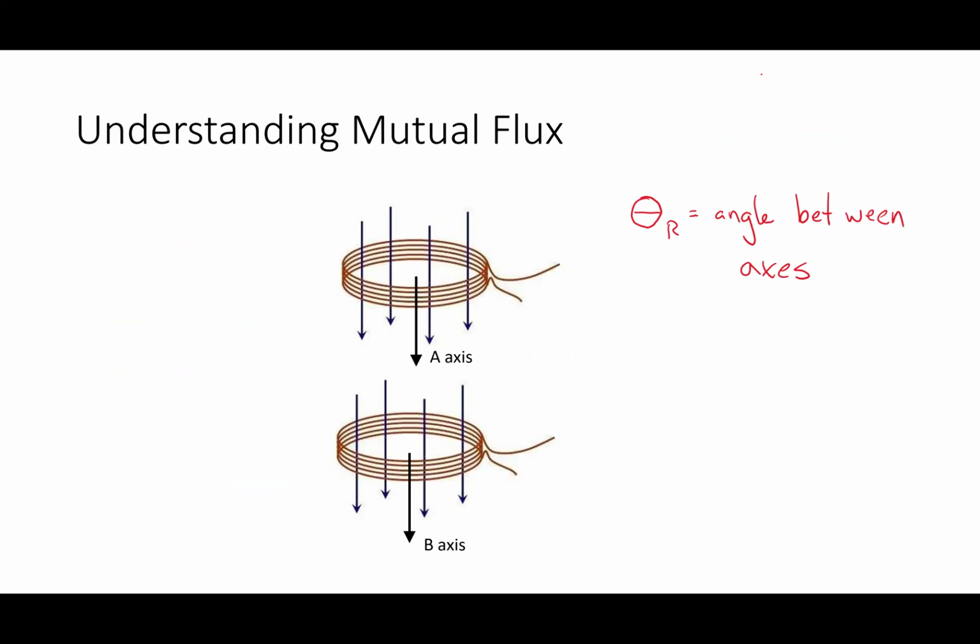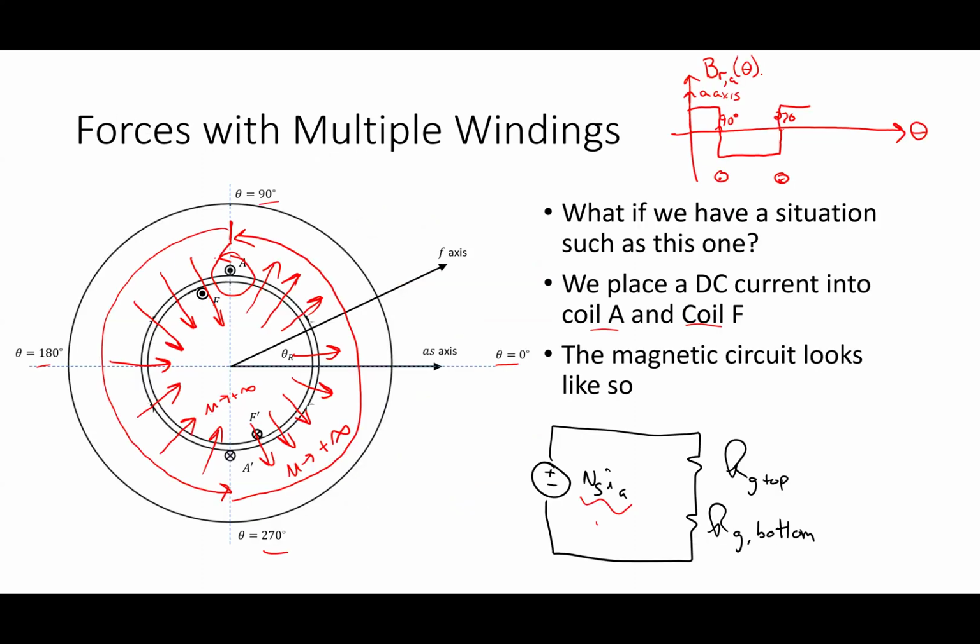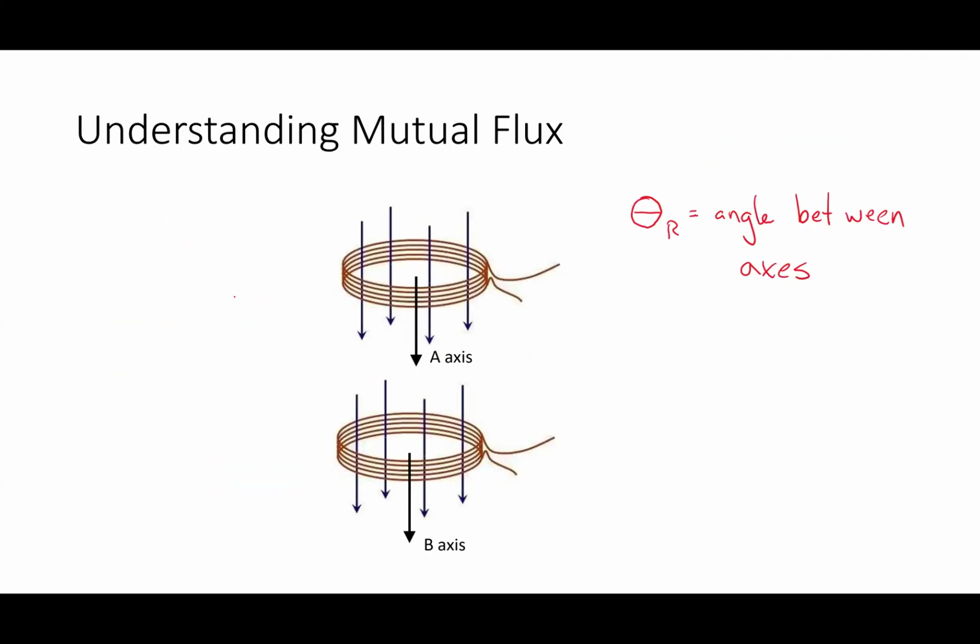Now, I have two different coils in this setup: a coil F on the rotor, and a coil A on the stator. Let's say I had two identical coils, then we can talk about their mutual flux. I've put the axes for the two fields here, so this would be my B coil, and this is my A coil.